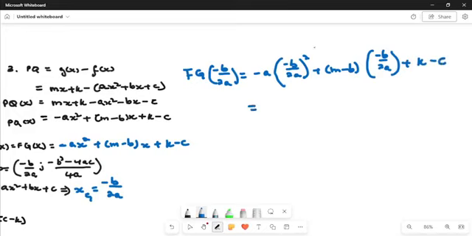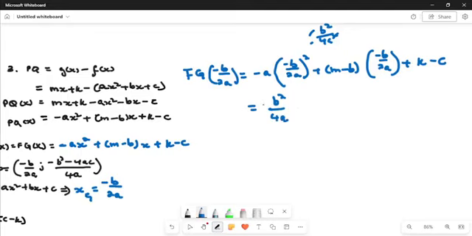So for now, let us handle our squares, and I'll try not to expand this much, just so that I don't confuse myself. So okay, here I will have just a b squared and then a 4a squared, and the a's will cancel. So in other words, we'll remain with just b squared divided by 4a.